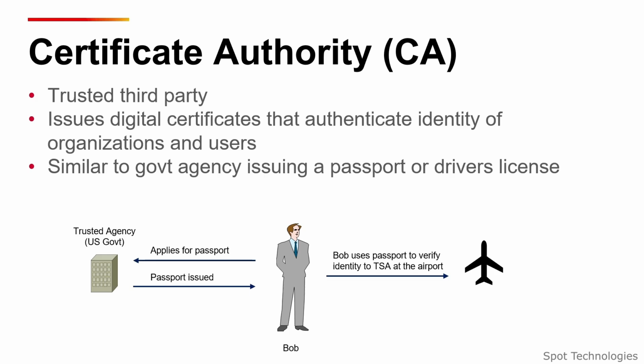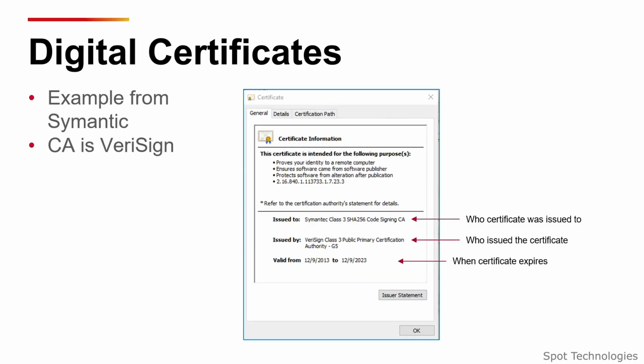So for example, we have Bob, he applies for a passport at some trusted agency. Passport is issued, and he uses that to get on a plane because TSA trusts whoever signed that passport. They know it's Bob, it has his picture, and it was signed by the US government, so they trust that's really Bob. Digital certificates work the same way.